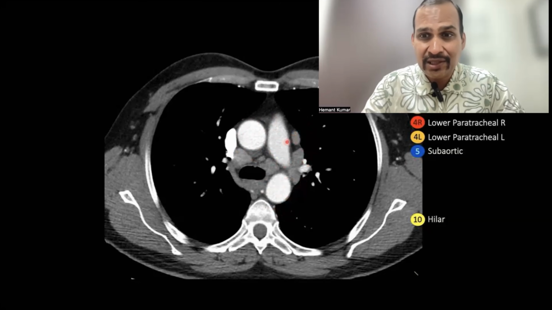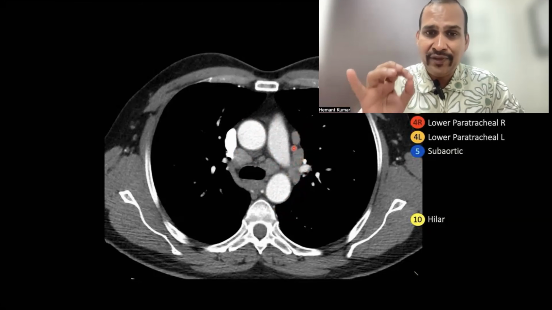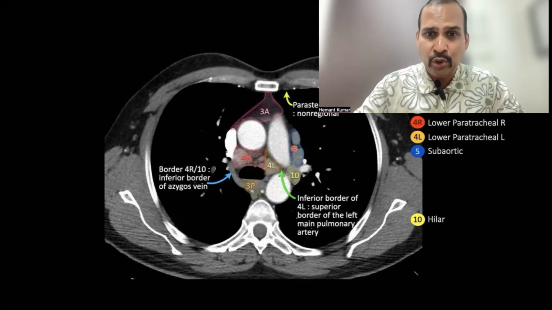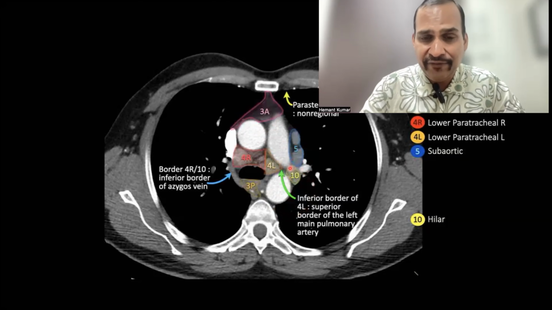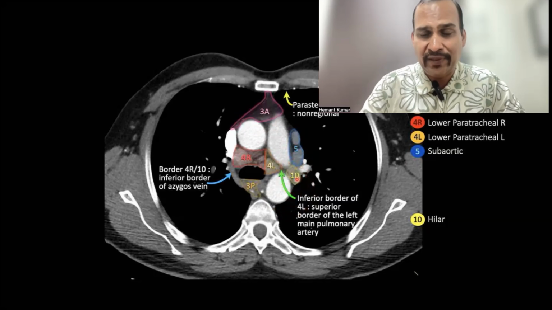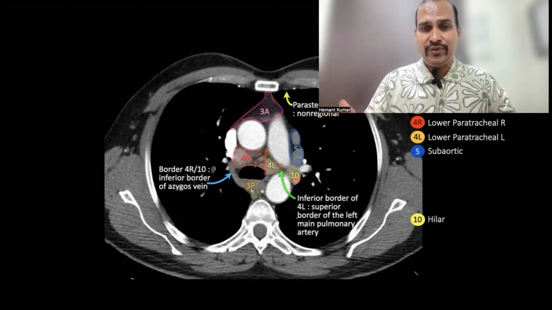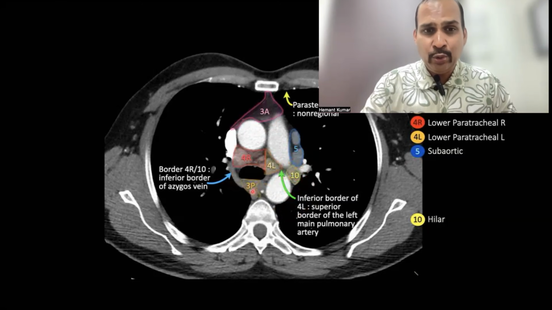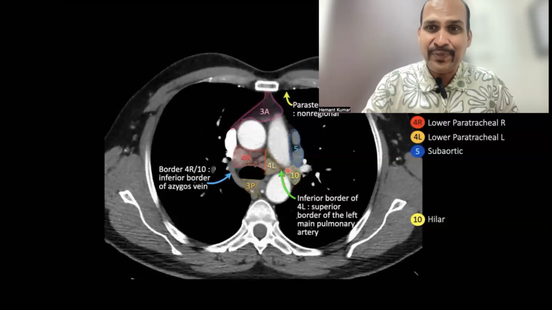This is the subaortic lymph node. But one thing you should know is that lymph node station 10 is also coming here. Station 10 is the hilar lymph node. The trachea is about to bifurcate, so station 10 is also coming into the picture.